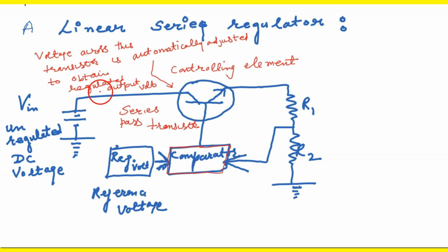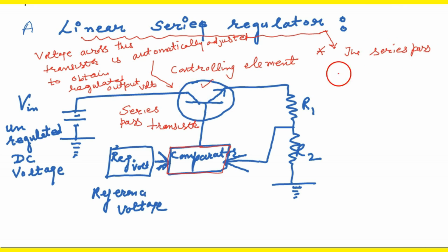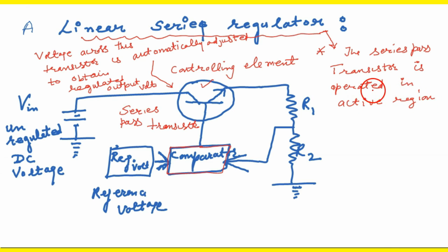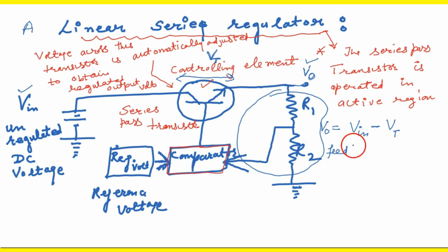So the transistor is a variable resistor, and its resistance varies in such a way that the output remains constant. This series pass transistor is operated in the active region. The output voltage is actually the input voltage minus the voltage developed across the transistor.